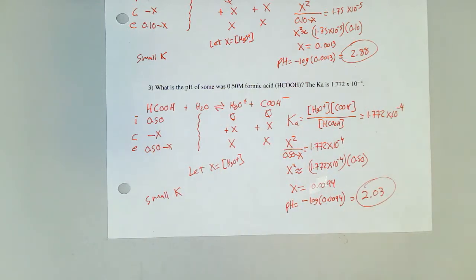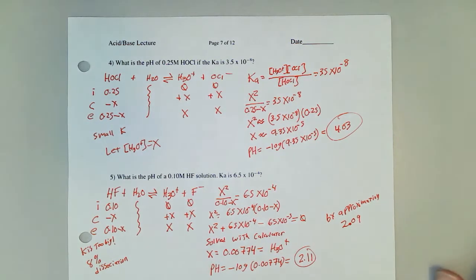Practically the same setup again, and this time a pH of 2.03. All right. So go through, try the next couple on the next page, see how you do with that, and then we'll tune back in.